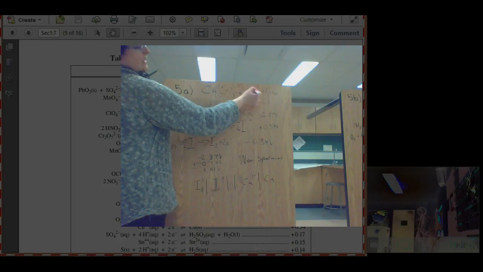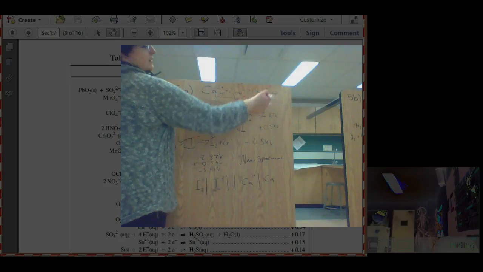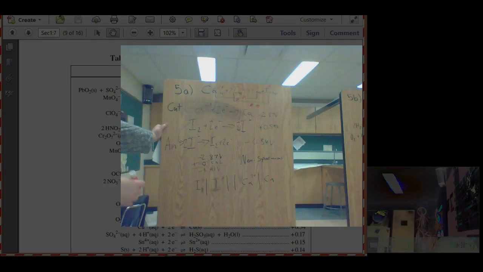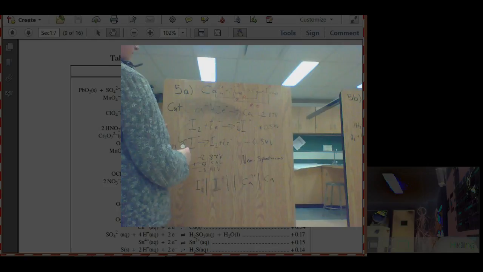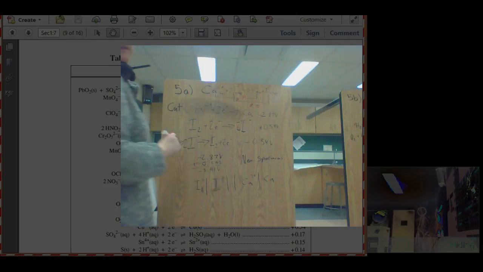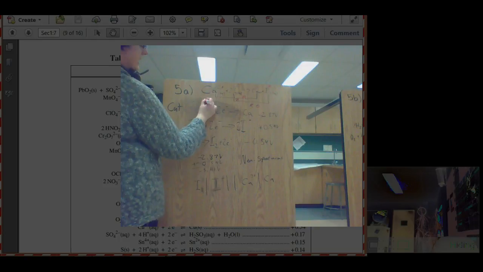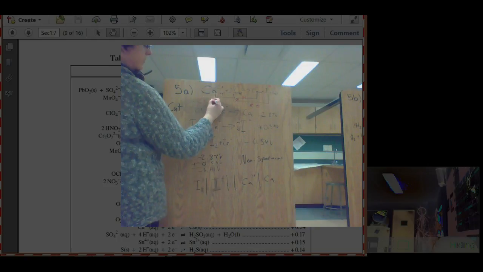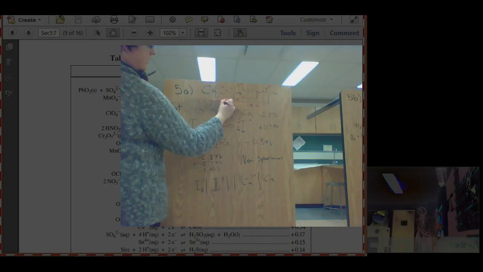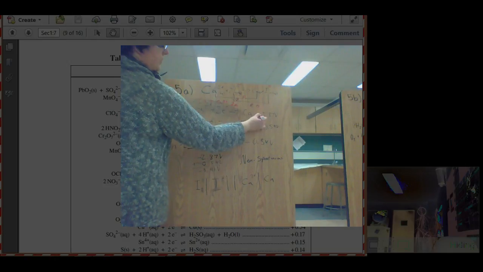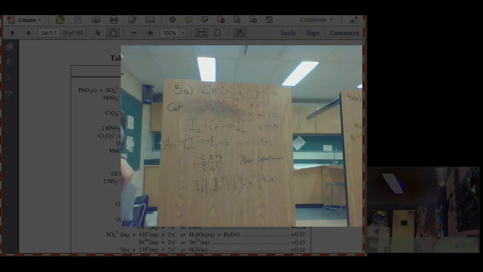If it goes from -1 to 0, that one should be an oxidation, which means that we're going to have to flip these. So we should have Ca to Ca2+ plus 2 electrons, which will give you a positive voltage.